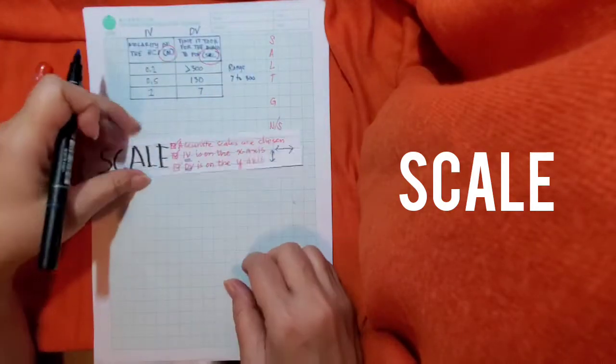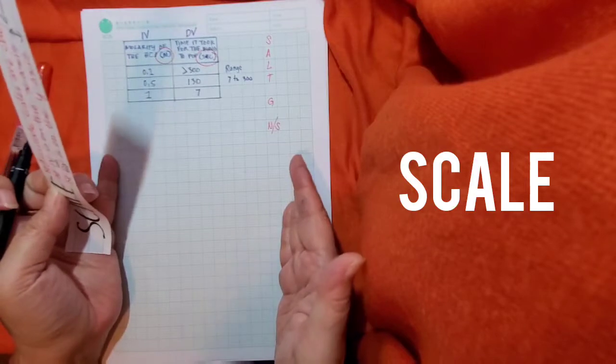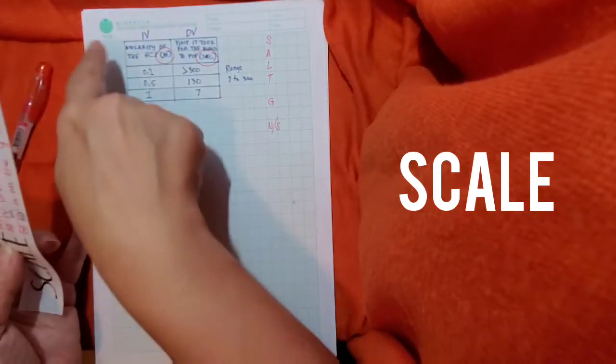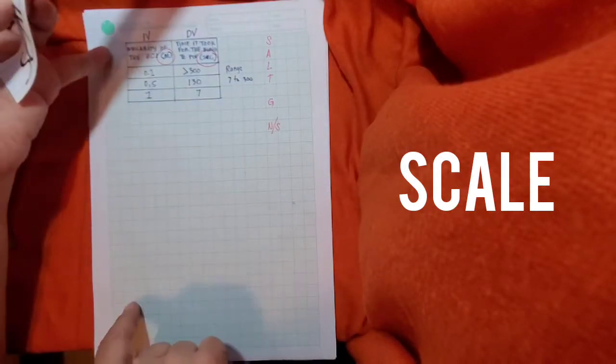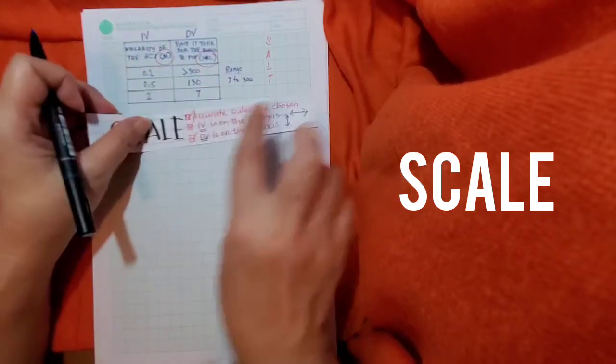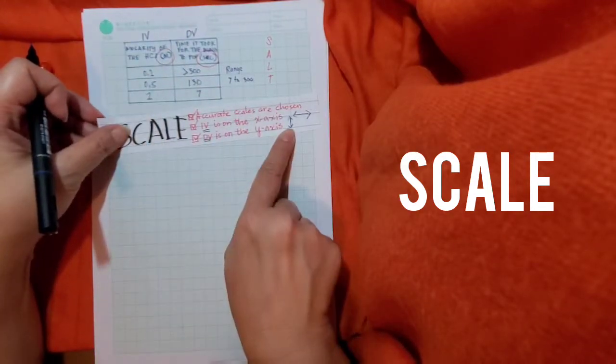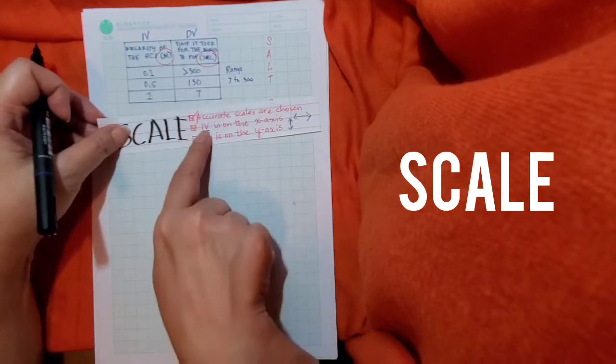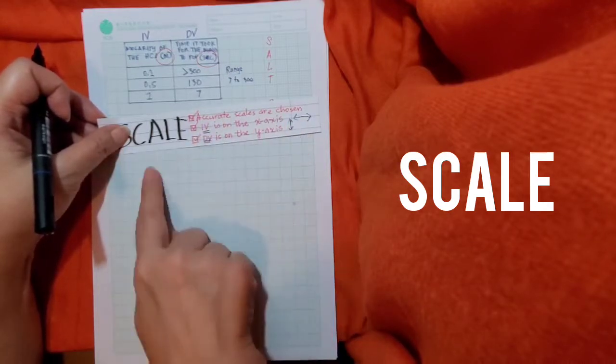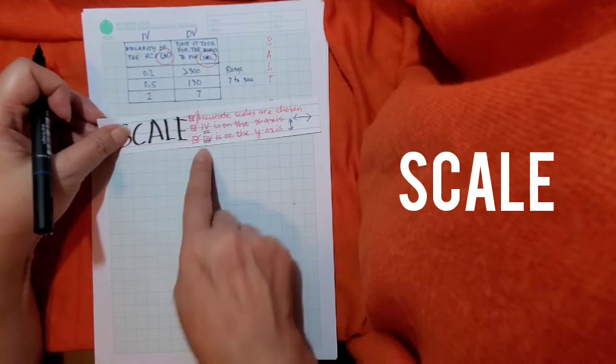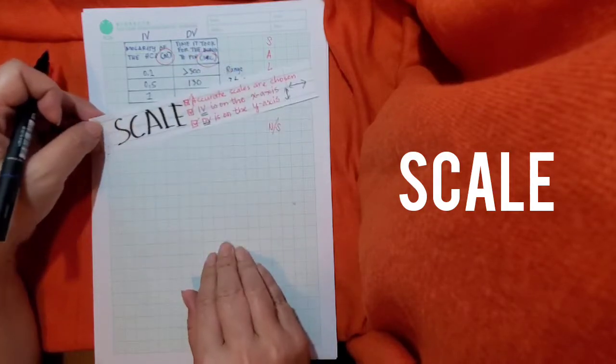So it's a very wide range. So why are you going to use this short side? You want to use the long side, the length of the paper. So remember, that is your scale: IV on the x-axis that goes left and right, DV on the y-axis that goes up and down.